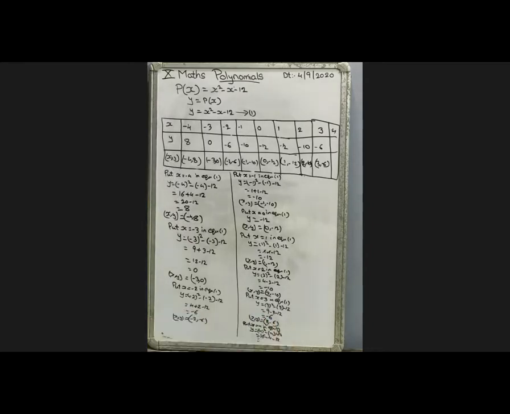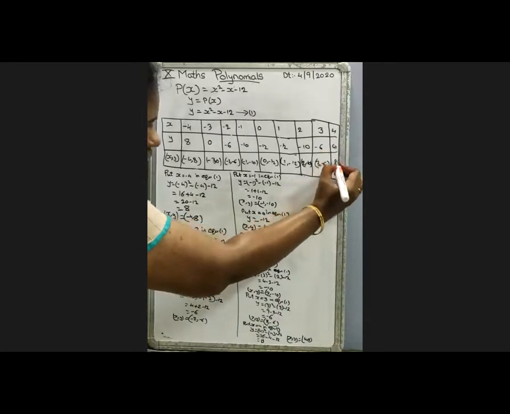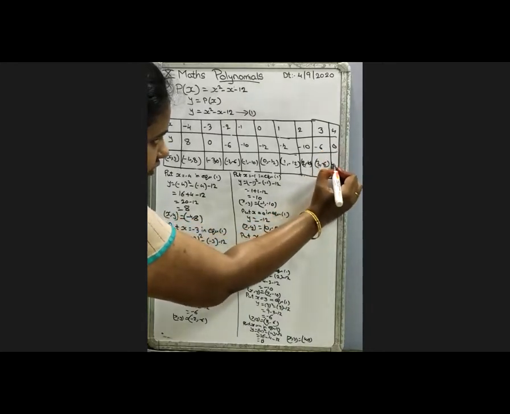How much is coming for you? 16 minus 4 is 12. 12 minus 12 is 0. Therefore, x comma y equal to 4 comma 0.